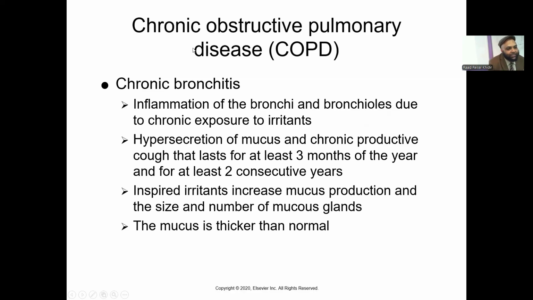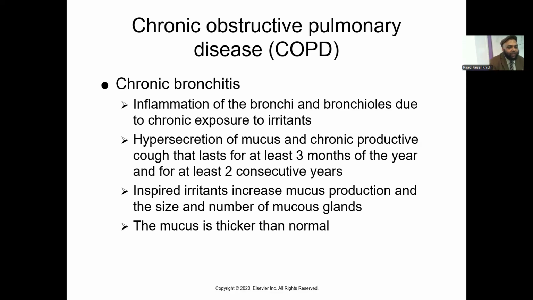Chronic bronchitis. There's inflammation of the bronchi and bronchioles due to chronic exposure to irritants. There's hypersecretion of mucus and a chronic productive cough that lasts for at least 3 months of the year.